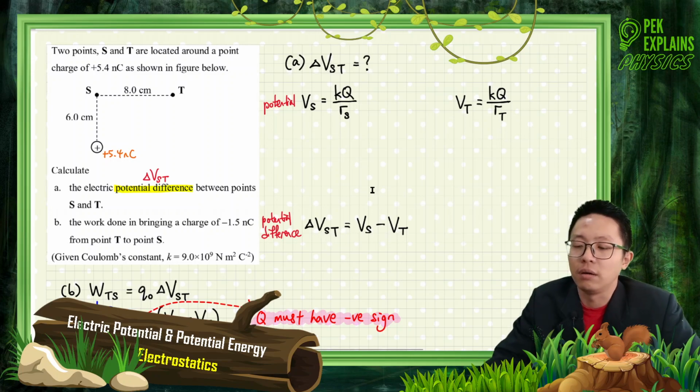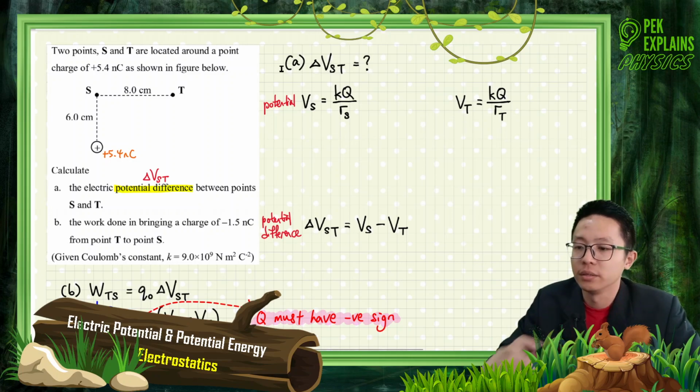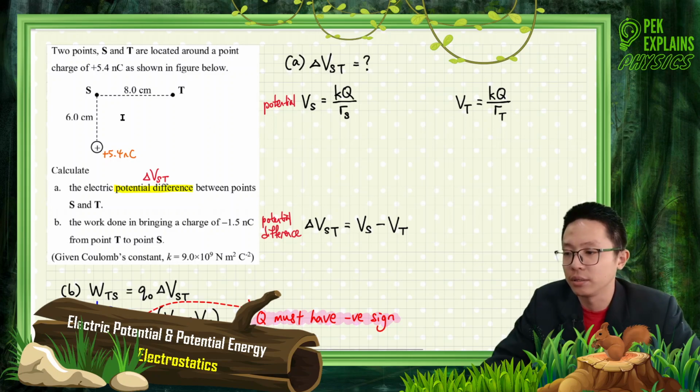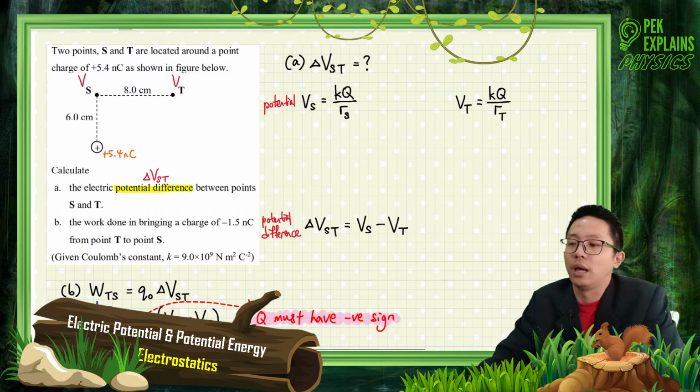Now, if you want to find the delta V, we need to find the potential at S and also the potential at T. So how? Let's calculate. Potential is KQ over R. At S it has potential Vs, and at T we have potential Vt.